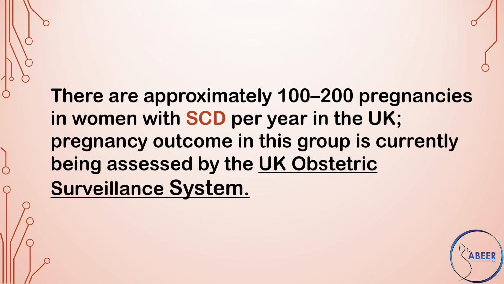There are approximately 100 to 200 pregnancies in women with SCD per year in the UK. Pregnancy outcome in this group is currently being assessed by the UK Obstetric Surveillance System.